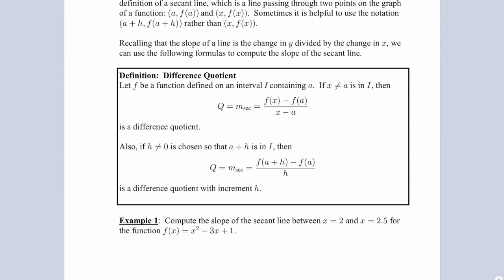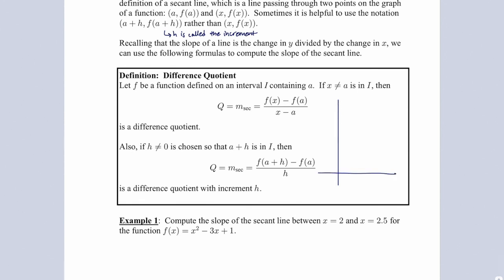Sometimes, instead of using x, f of x for that nearby point, we might use a plus h and f of a plus h. And when we do that, we call h the increment. So let's just make a quick sketch here.